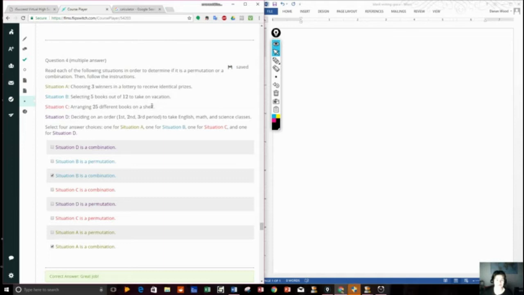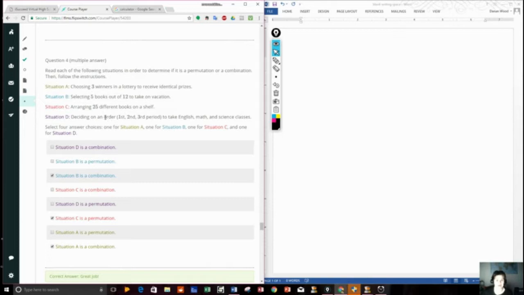This one, order would matter, because whether you put a book on there first makes a difference, because it ends up in the front. So to me, situation C is a permutation. And then deciding on an order for second, third period to take English, math, or science classes. This one matters because you're assigning it.